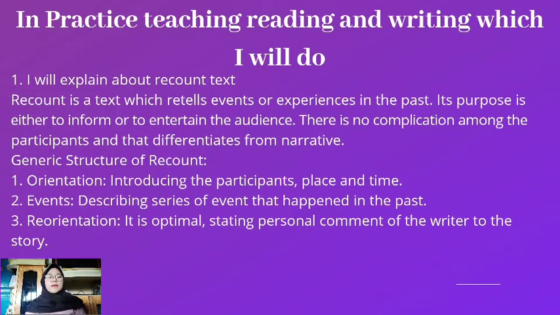The fourth is the use of time conjunctions, for example, and, but, after, and finally. The next one is the use of adverbs and adverbial phrases, for example, in my house, two days ago. And the last one is the use of adjectives, like beautiful, sunny, and so on.